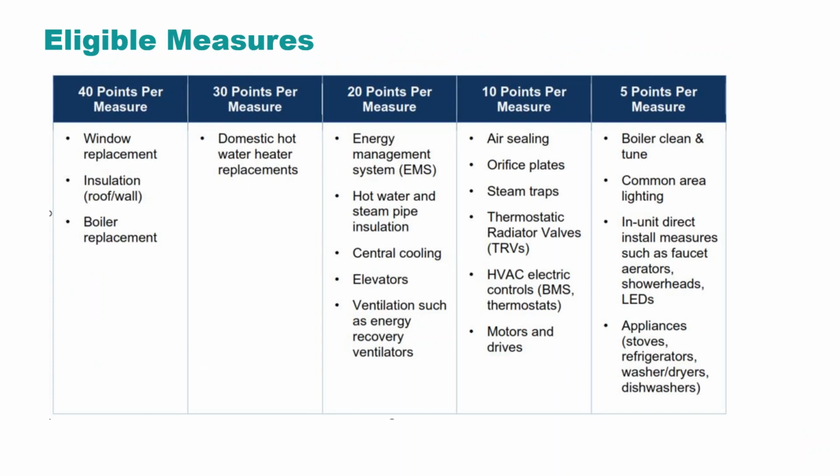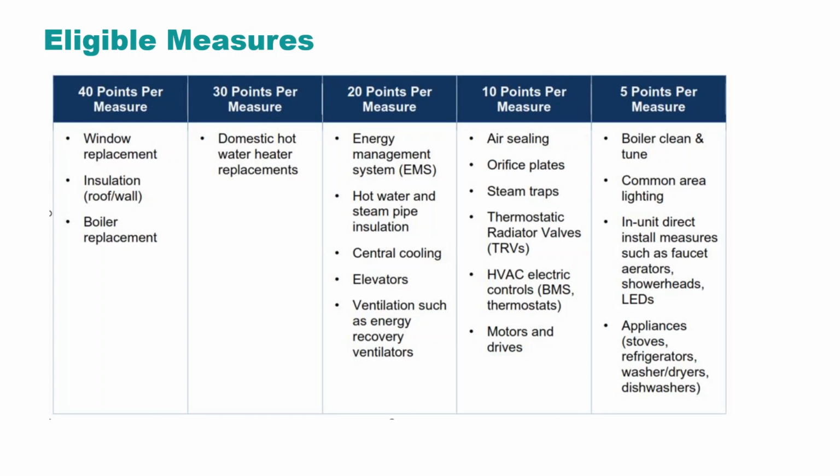So these are some of the eligible measures that are part of the program. As you can see from the point system that I was mentioning, if a building were to get just window replacement, wall insulation, and a boiler replacement, that's already 120 points. That puts them on the comprehensive pathway.